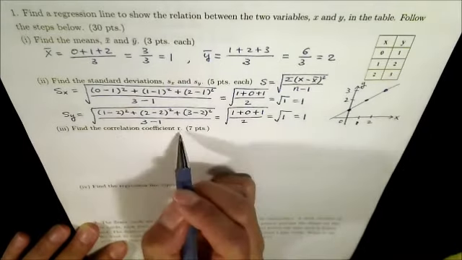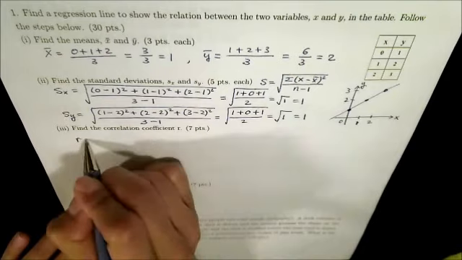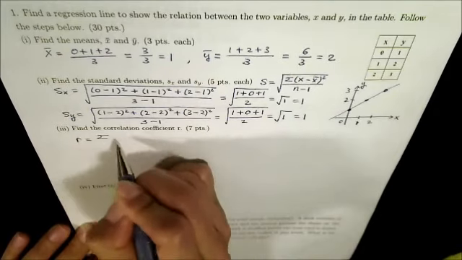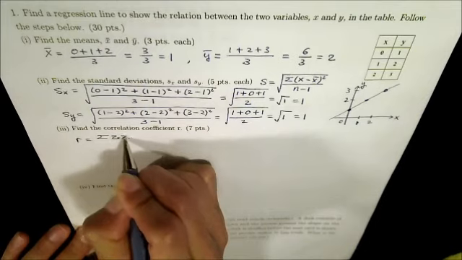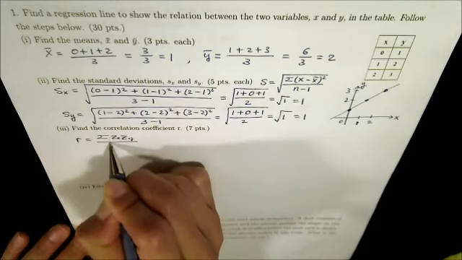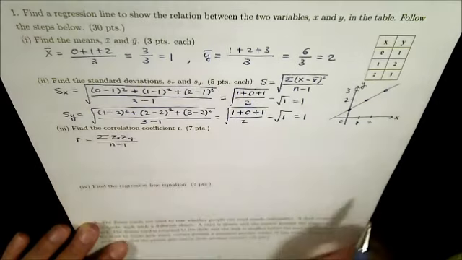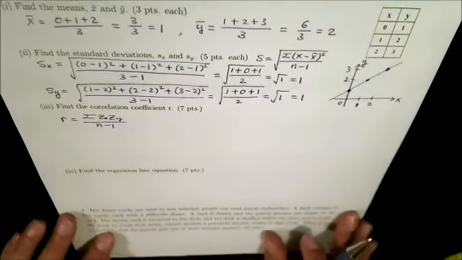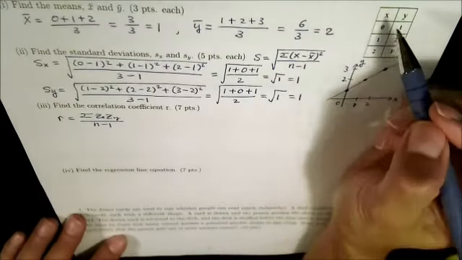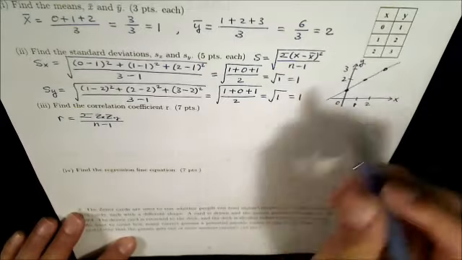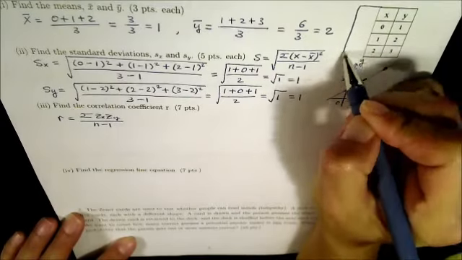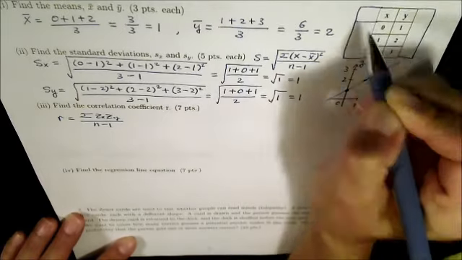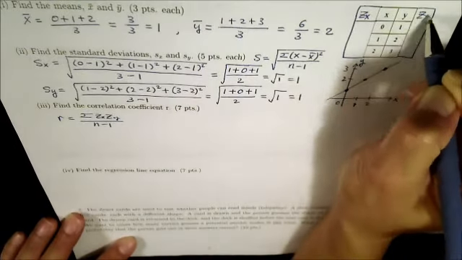Find the correlation coefficient r. To find r, we can use the formula: summation of z sub x times z sub y, divided by n minus 1. First we have to find z sub x and z sub y. So we can draw here z of x and z of y.